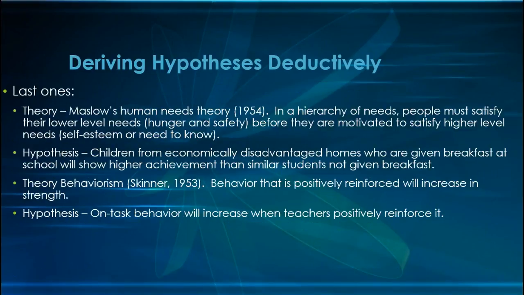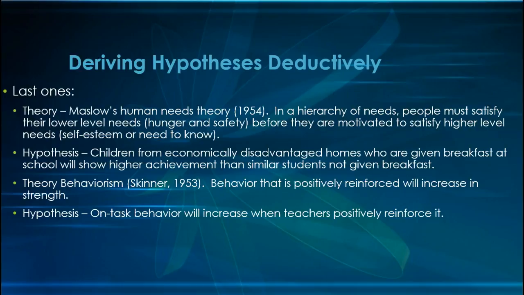So the last theory here we're going to look at is Maslow's human needs theory, and often we hear this called Maslow's hierarchy of needs. And basically, people must satisfy their lower level needs, which are hunger and safety, before they're motivated to satisfy higher level needs.